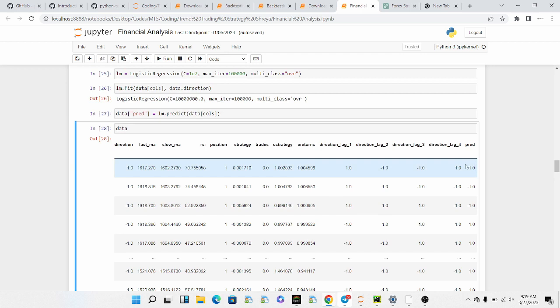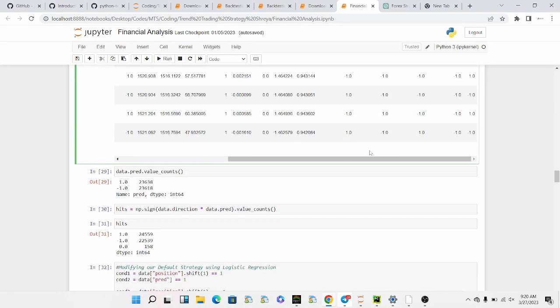This prediction basically predicts the current direction of the market, whether the candle is going to be bullish, bearish, or indecisive. We viewed the value counts of the prediction, and we're able to get 23,638 bullish candles and 23,618 bearish candles.